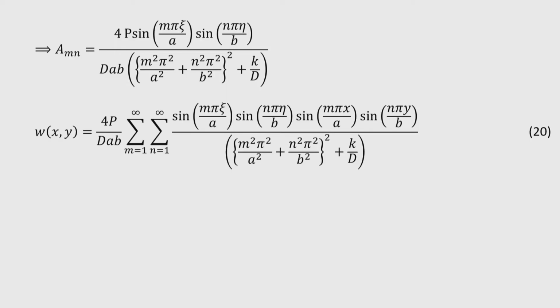So, Amn is known. After knowing Amn, we can find the deflection of the plate. A complete expression of the deflection of the plate is found out. Two sine functions appear, but these are determined by the location of the concentrated load.